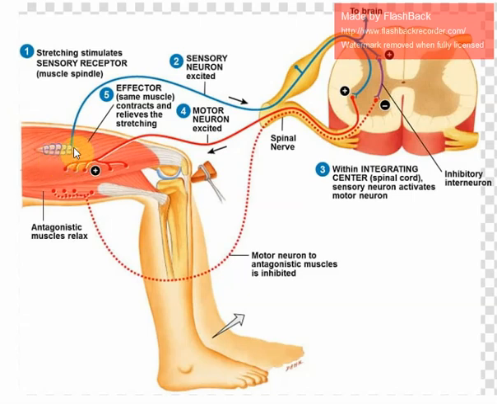So all this together, this muscle spindle, when we tap the patellar tendon, immediately there will be a stretching in the muscle. That stretching is sensed by this muscle spindle. Immediately there will be contraction in the muscle to prevent overstretching and injury of the muscle.